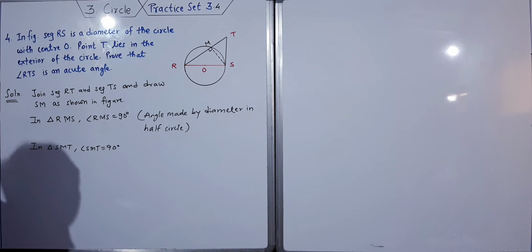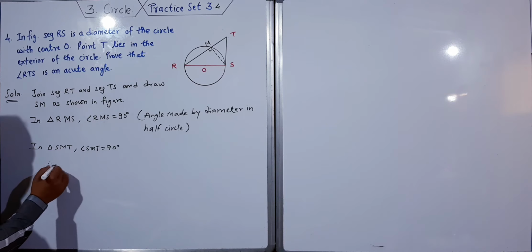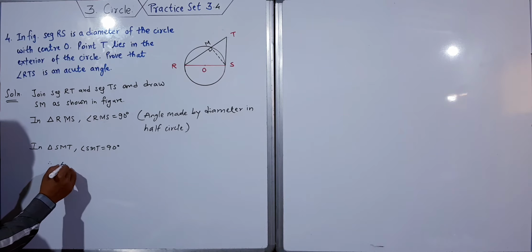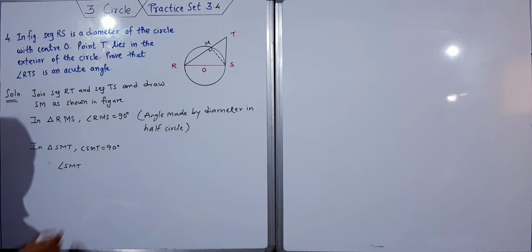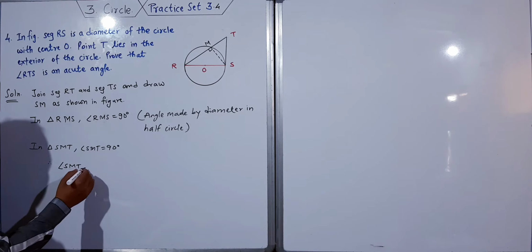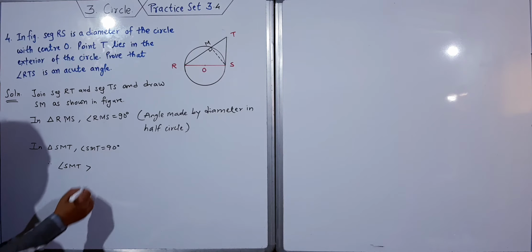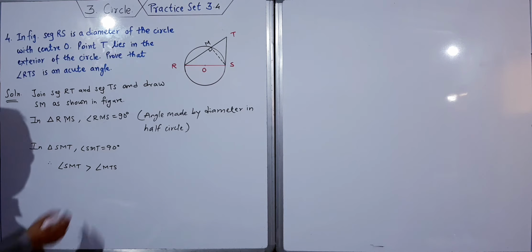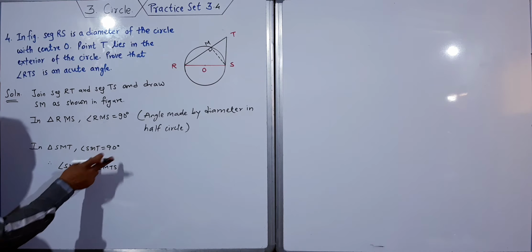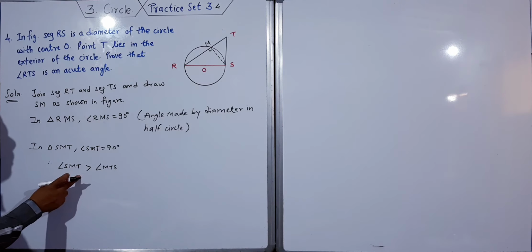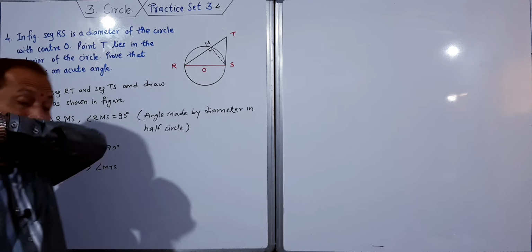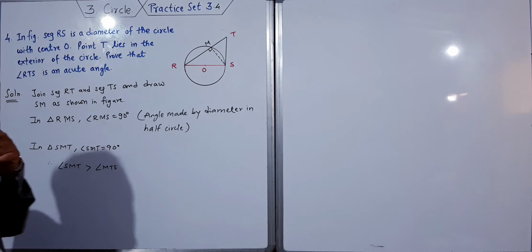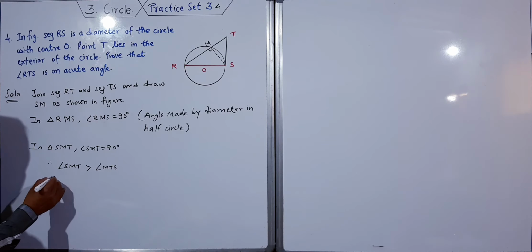Then the second thing I can say, therefore angle SMT is greater than angle MTS, because this is a right angle triangle, and in a right angle triangle, the right angle is always greater than the other angles.